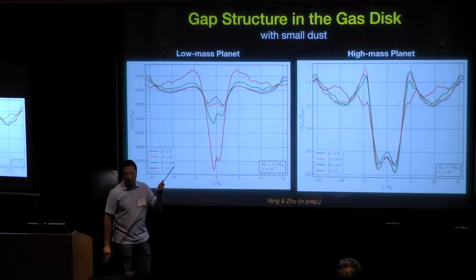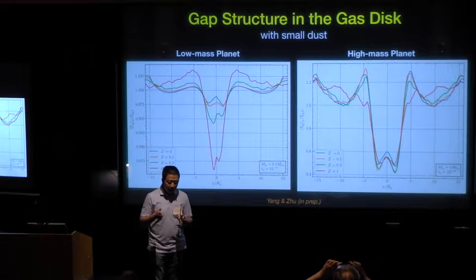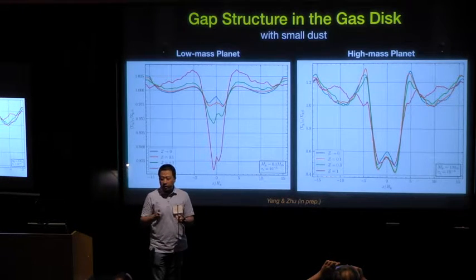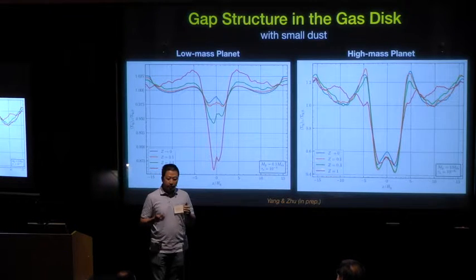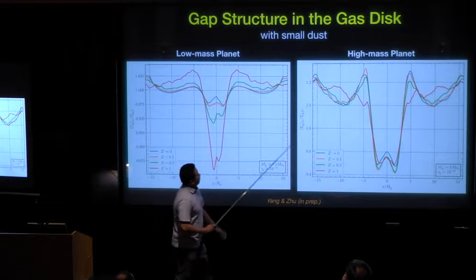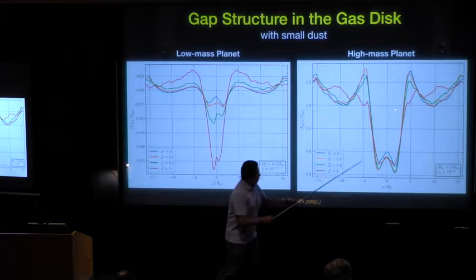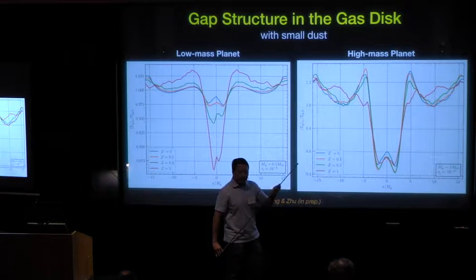Not the width. So my interpretation is that the solid loading does not change the resonance locations of the spiral excitation. That's probably why you still get the same width. And for a very, very high mass planet, this solid loading effect on the depth is gone.